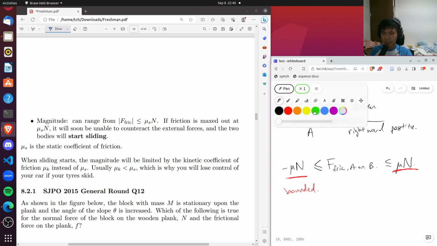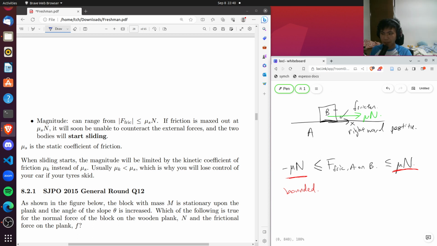If your frictional force on this object was mu n, like this, then if we consider horizontal forces on the object, we see that there's net rightward force, and that causes the object to move. But that's clearly against our intuition, right? When you put an object on a table, and there's friction between the object and the table, the object doesn't just suddenly move out of nowhere, right?